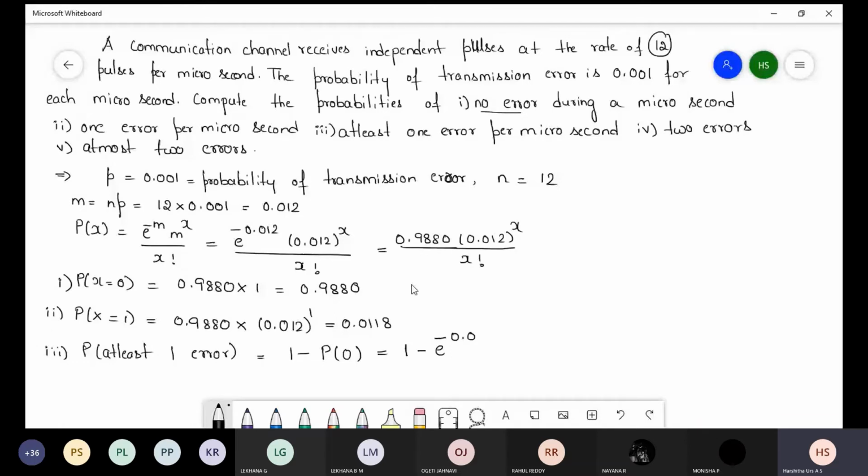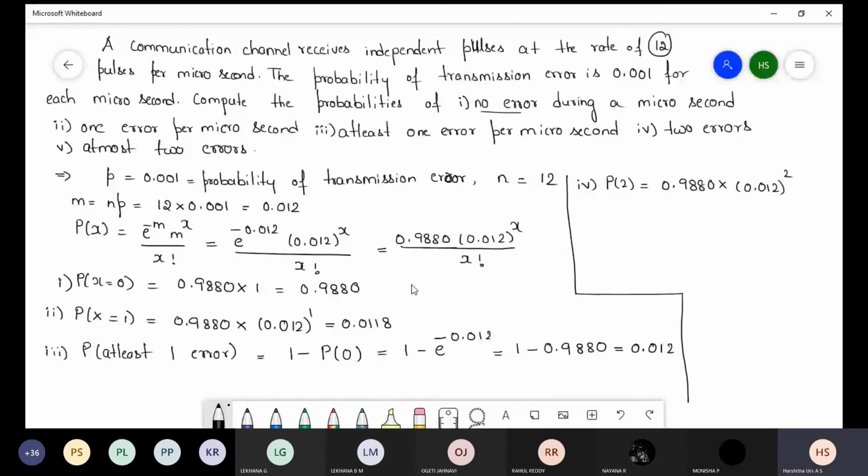Fourth one, two errors, P of 2. So here 0.9880 into 0.012 whole square divided by 2 factorial, whose value is 2, gives 0.00007.